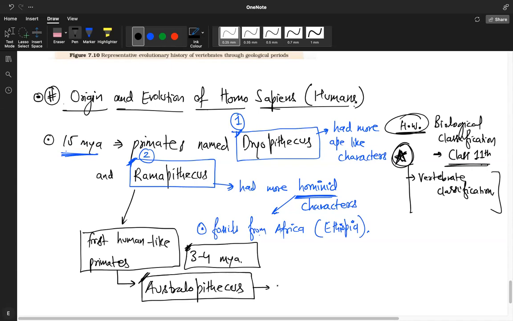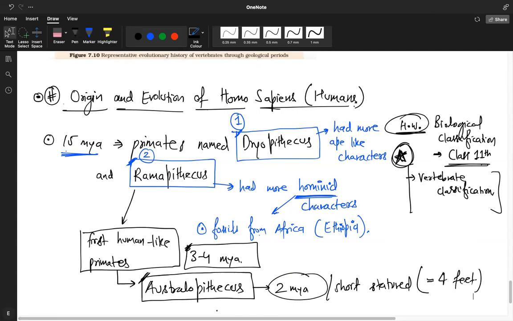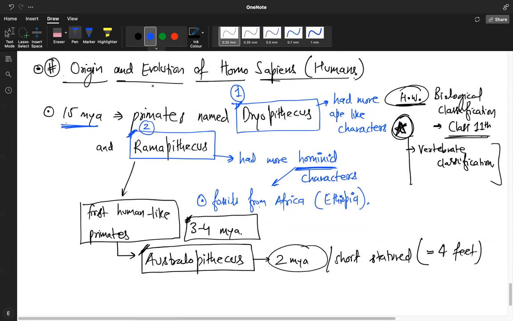And they used to be there, I think, 2 million years ago, if I'm not wrong. They were short statured, not more than 4 feet. Okay. So this is the third.